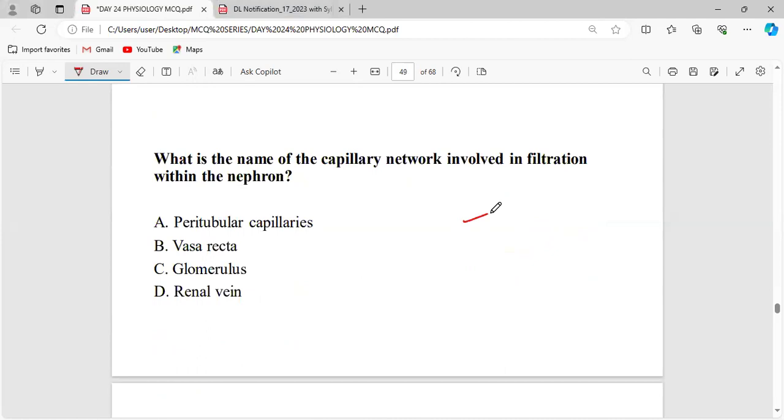What is the name of the capillary network involved in filtration within the nephron? This is the first point we have read about.